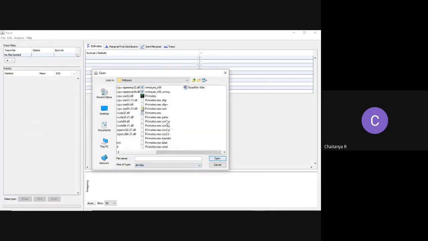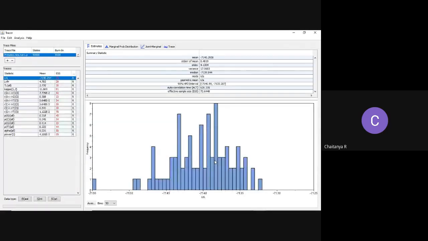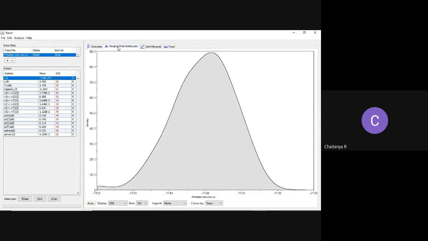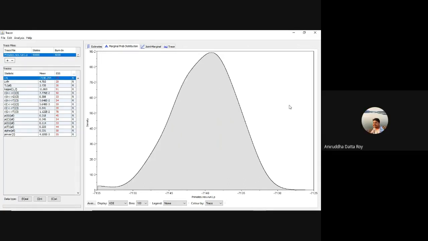So let's pick one of the P files for run 1. There. So this is what Tracer shows you. And when I go to marginal probability distribution, it gives me a curve like this. For log likelihood, right? Yeah. Just go to Trace.